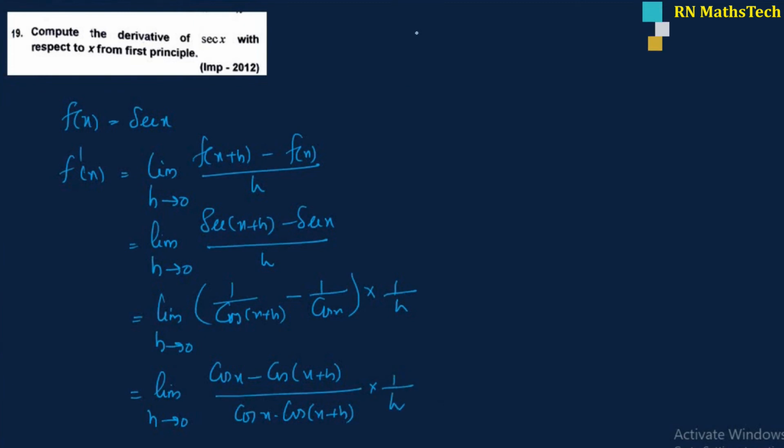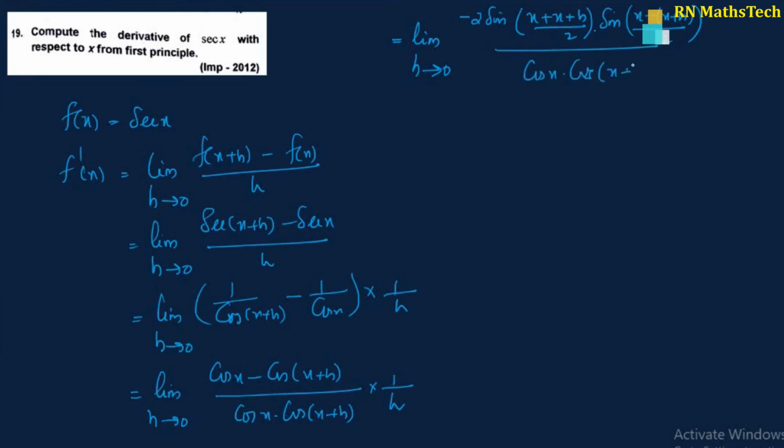Okay, that's equal to limit h tends to 0, using cos c minus cos d is minus 2 sine c plus d by 2 into sine c minus d by 2, so minus 2 sine x plus x plus h by 2 into sine x minus x plus h by 2, divided by cos x into cos of x plus h into 1 by h.